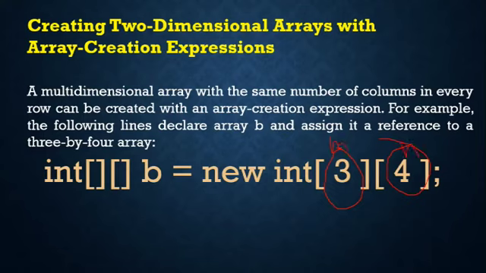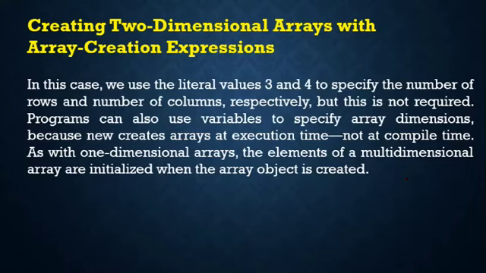So our array now has 3 rows and 4 columns. In this case, we use the literal values 3 and 4 to specify the number of rows and columns respectively, but this is not required. Programs can also use variables to specify array dimensions because new creates arrays at execution time, not at compile time.